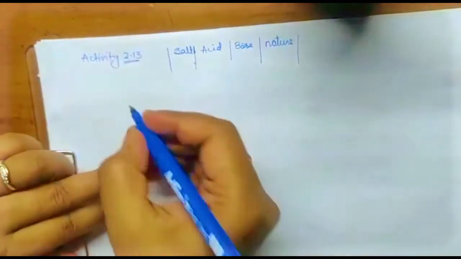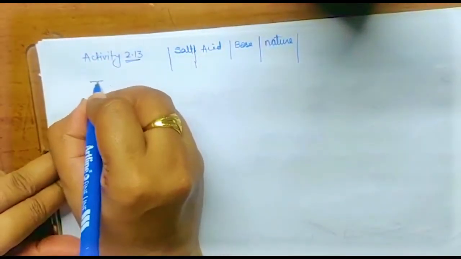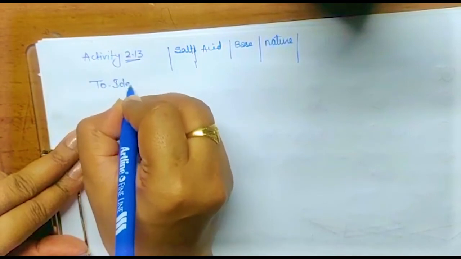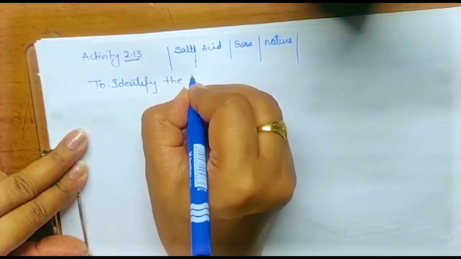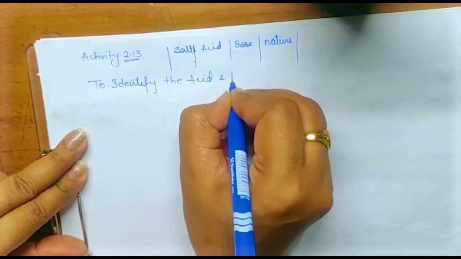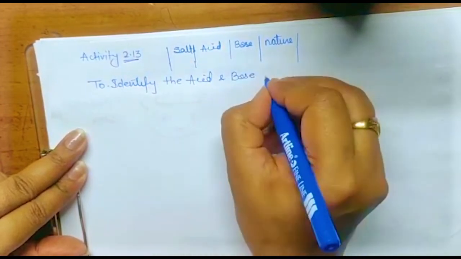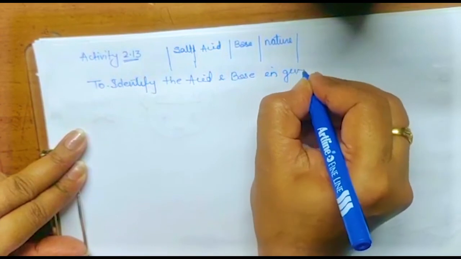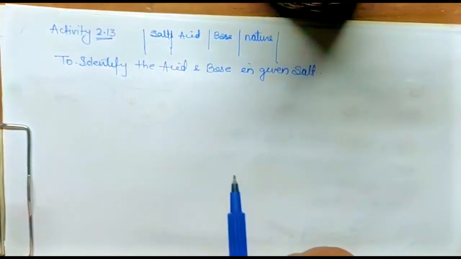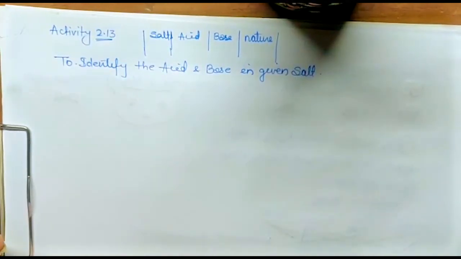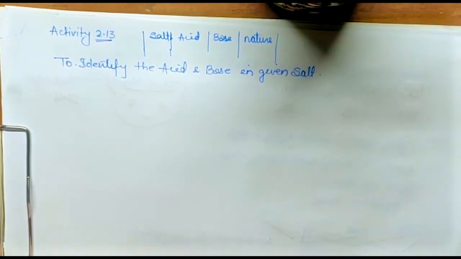Yes, I am writing this time to identify the acid and base in the given salt. So now we will identify the acid and base with which the given salt will form.